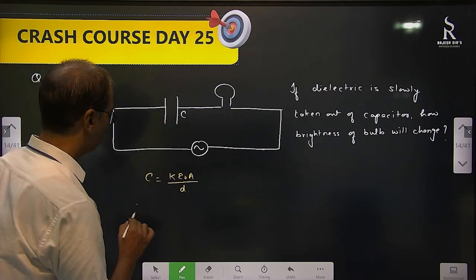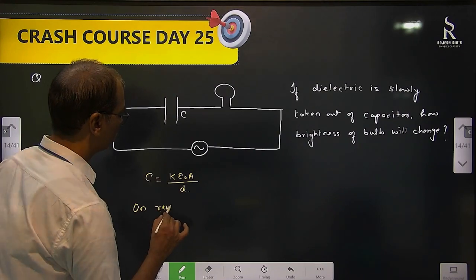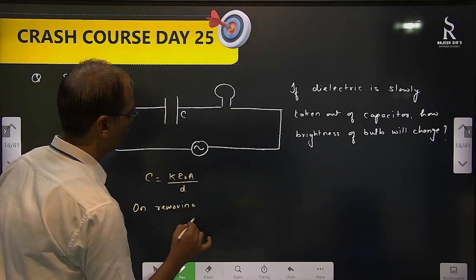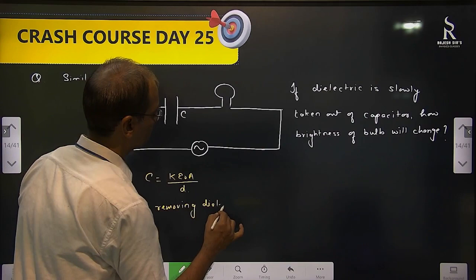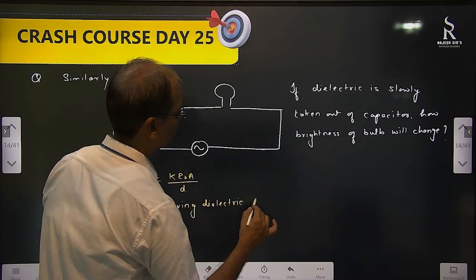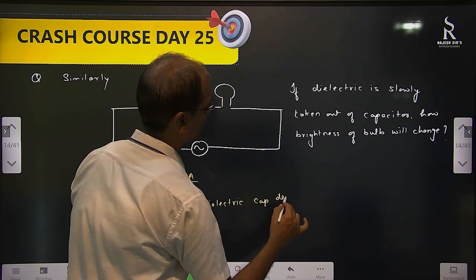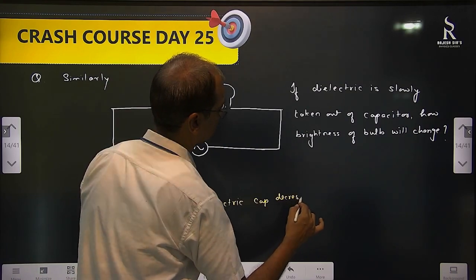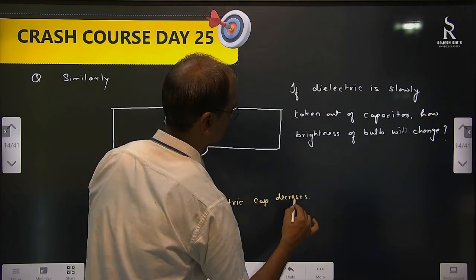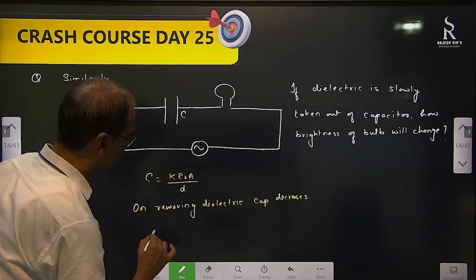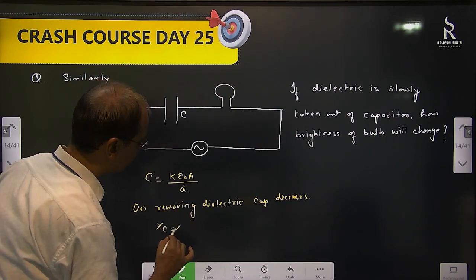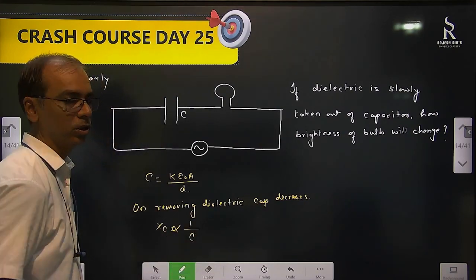On removing the dielectric, capacitance decreases. Now XC is inversely proportional to C. Forget about omega, we are not changing it.